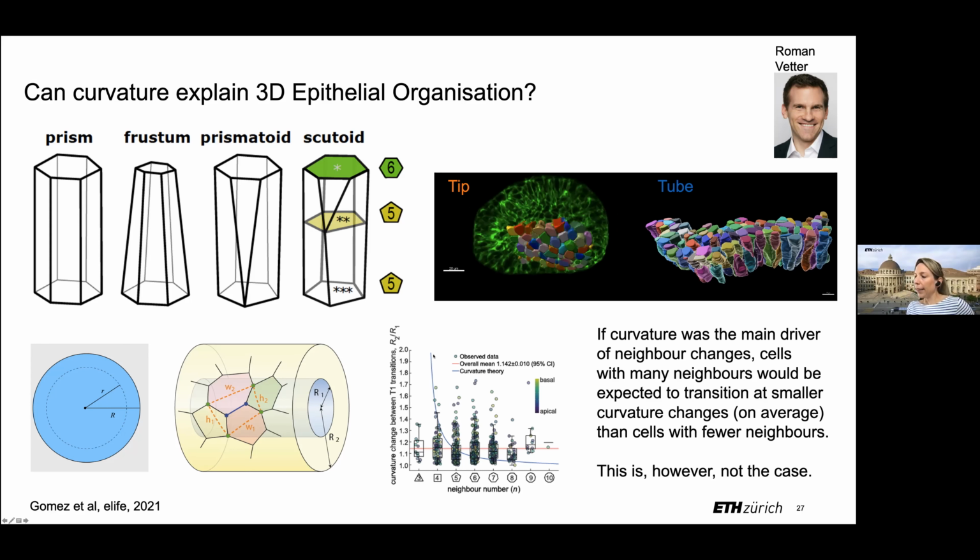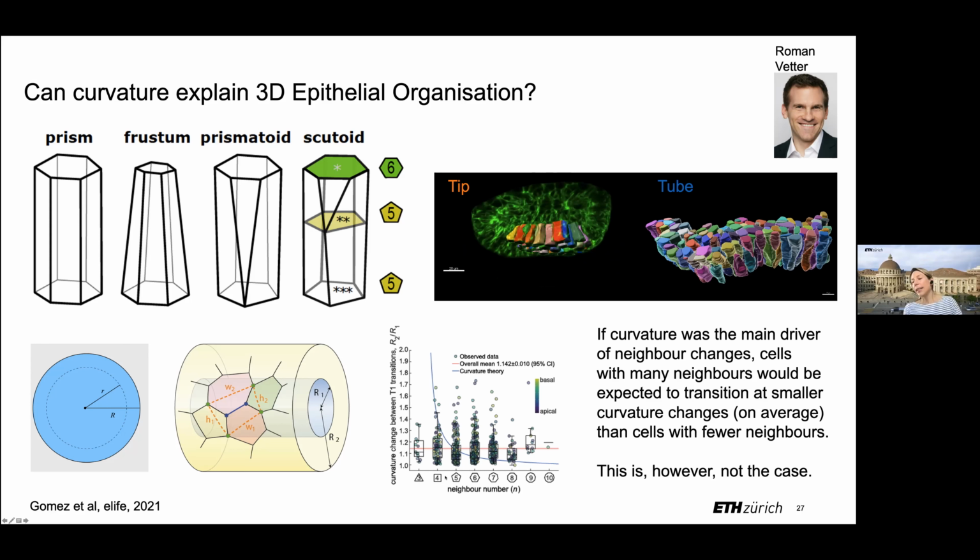And what the theory predicts is that if it was really the curvature that would trigger it, then you should see many more neighbor changes. It should be much easier to trigger a neighbor change. So you need much less of a curvature change to trigger a neighbor change when you have many neighbors as when you have few neighbors.